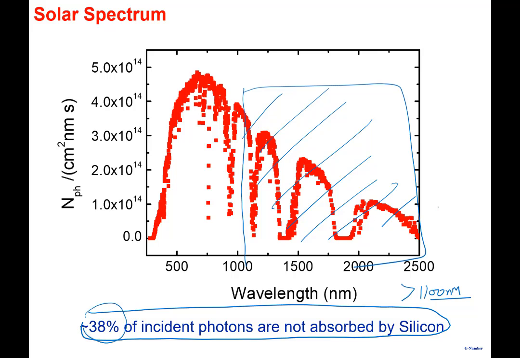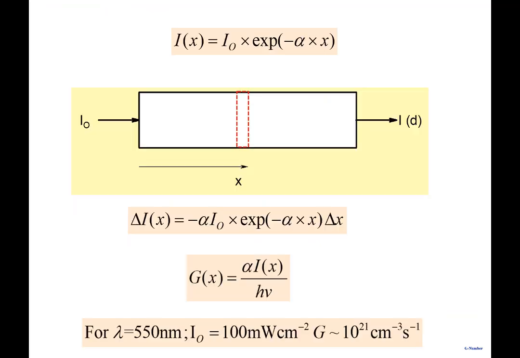It's 38%. So first of all, if you're making a solar cell using silicon, 38% or let's say 40% is already gone. It cannot absorb that. So silicon efficiency can never be greater than 60%. Silicon is not capable of absorbing, just because of its energy gap here.